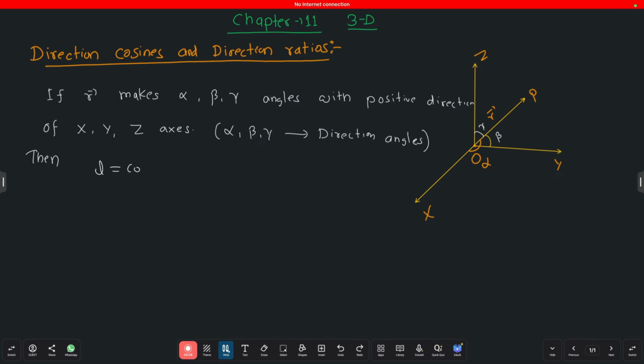Then L equals cos alpha, M equals cos beta, and N equals cos gamma. So L, M, N or cos alpha, cos beta, cos gamma are known as direction cosines.